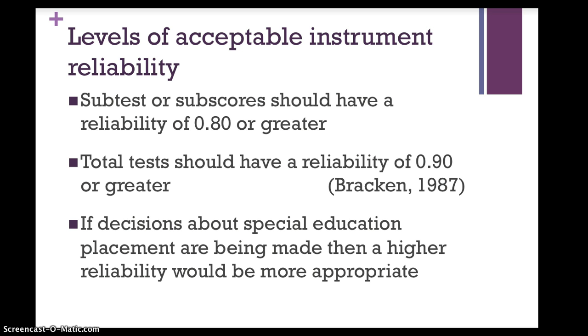However, when you're talking about this kind of critical decision around special education placement and diagnosis of something as significant as ASD, it's suggested that the reliability of the instrument you're choosing to use be at least 0.95, just to be ever more comfortable, I should say, that you're using an instrument that's giving you good results.